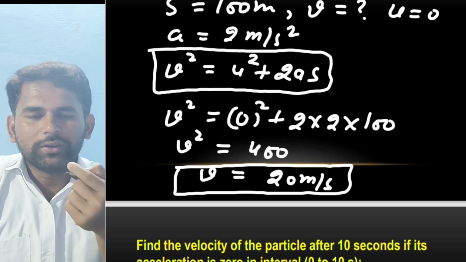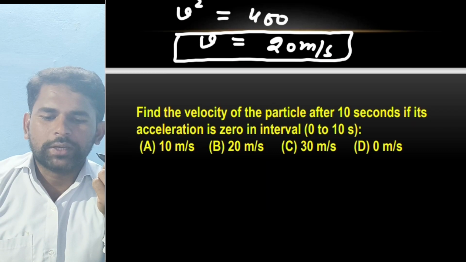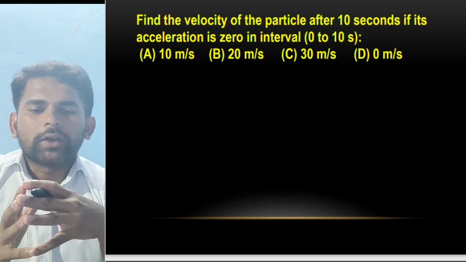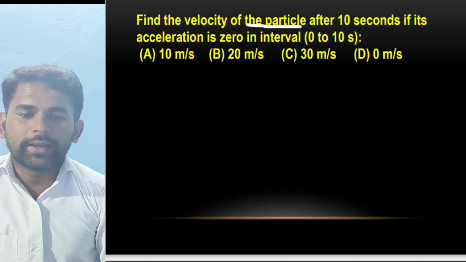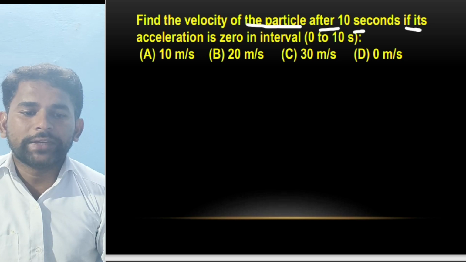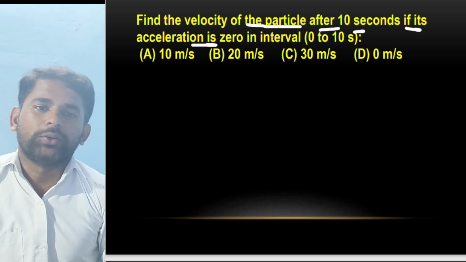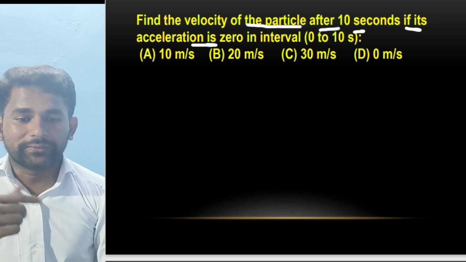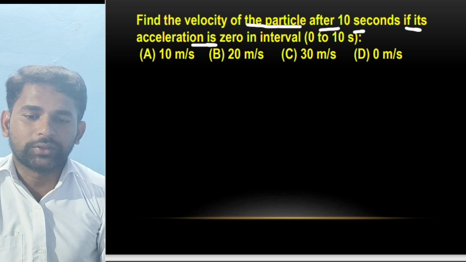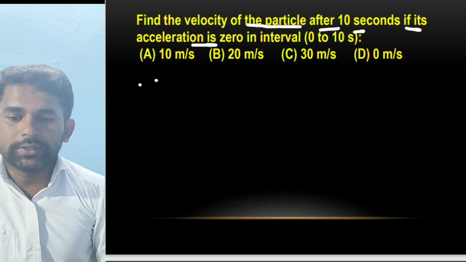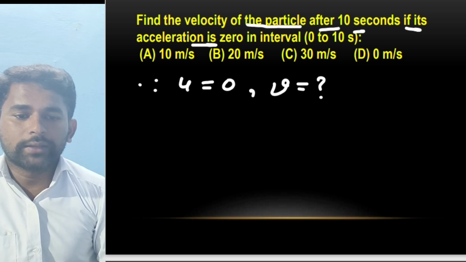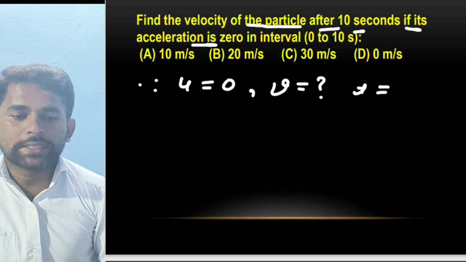Okay, now for the next question you can see on the screen what they are asking. Very good question. Find the velocity of the particle after 10 seconds if its acceleration is 0. Acceleration is given as 0, so what are they asking? Velocity of the particle. Okay, so we know very well the initial velocity of the particle is 0 and they are asking for the value v, and the time given is 10 seconds.